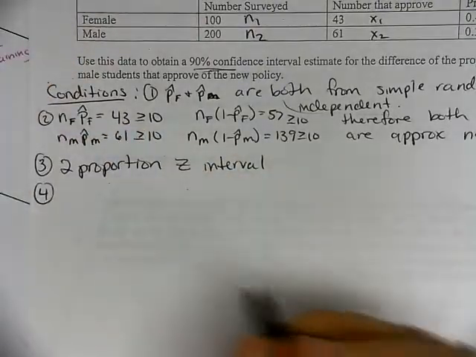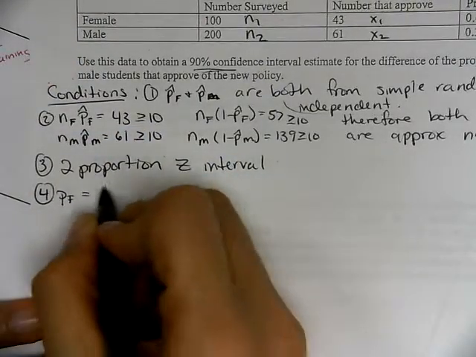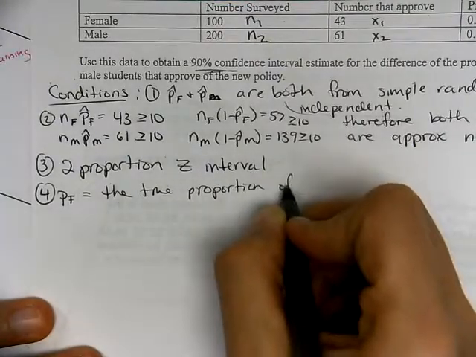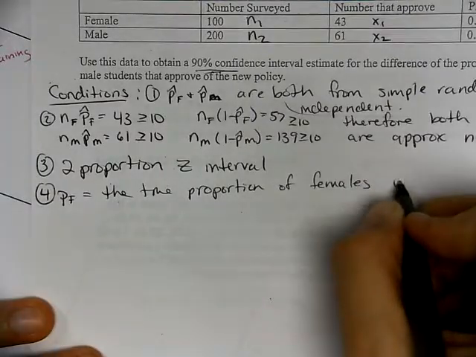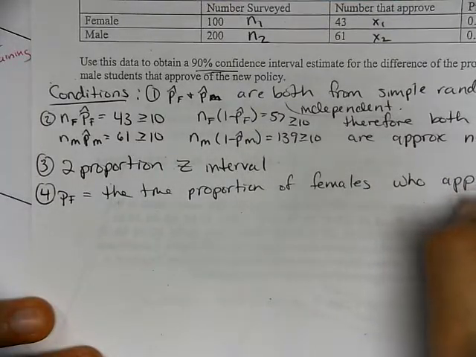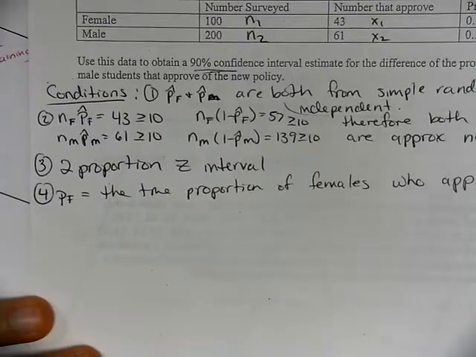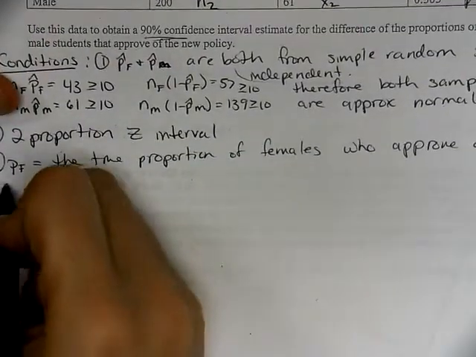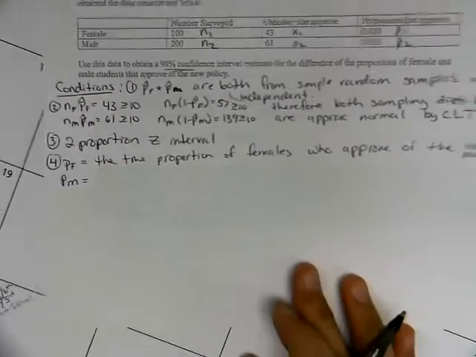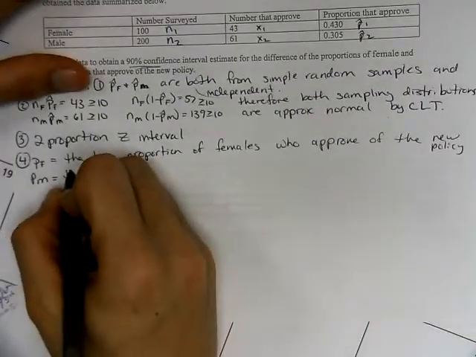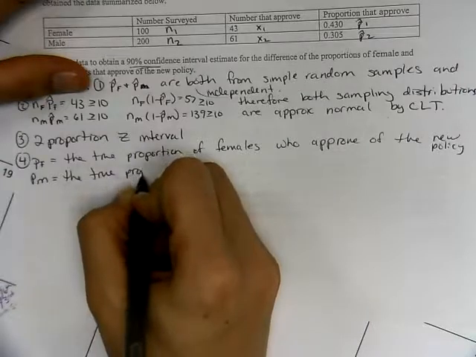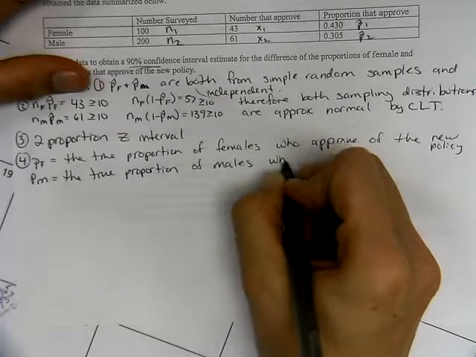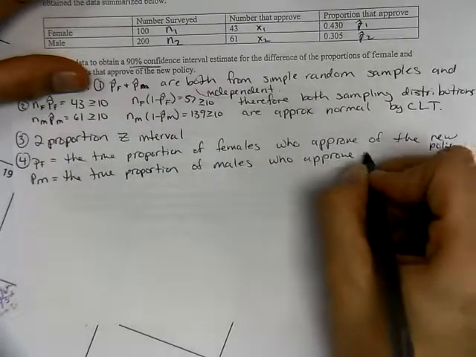Okay, and then defining my variables, I'm going to say p of f is the true proportion of females who approve of the new policy, and p of m is the true proportion of males who approve of the new policy.